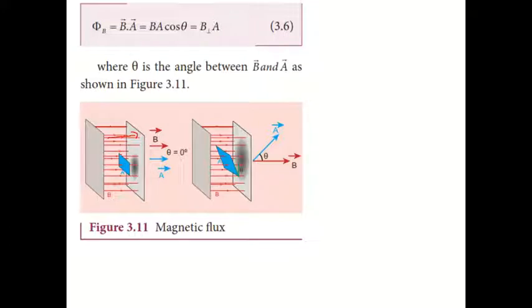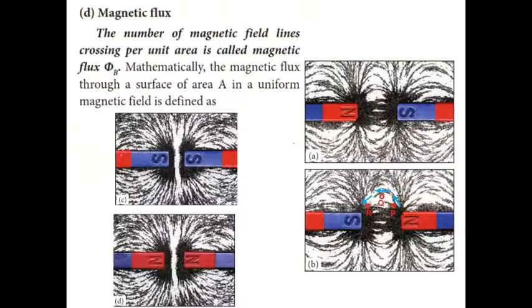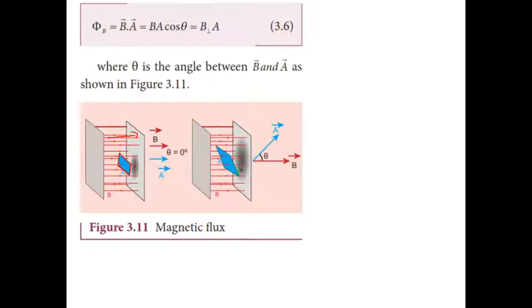How many lines are crossing the sheet? That is called magnetic flux. How many field lines are crossing the particular area where you want to measure? That is called flux.